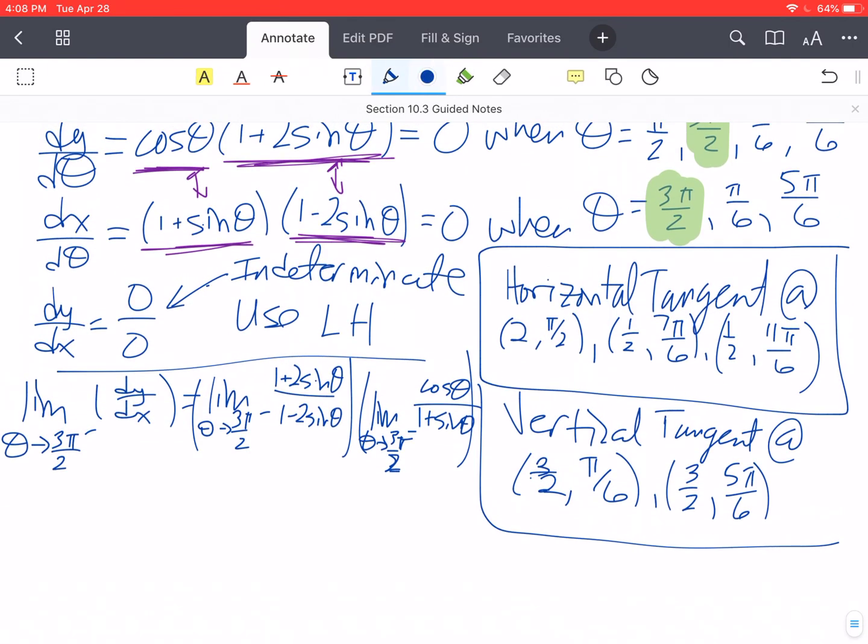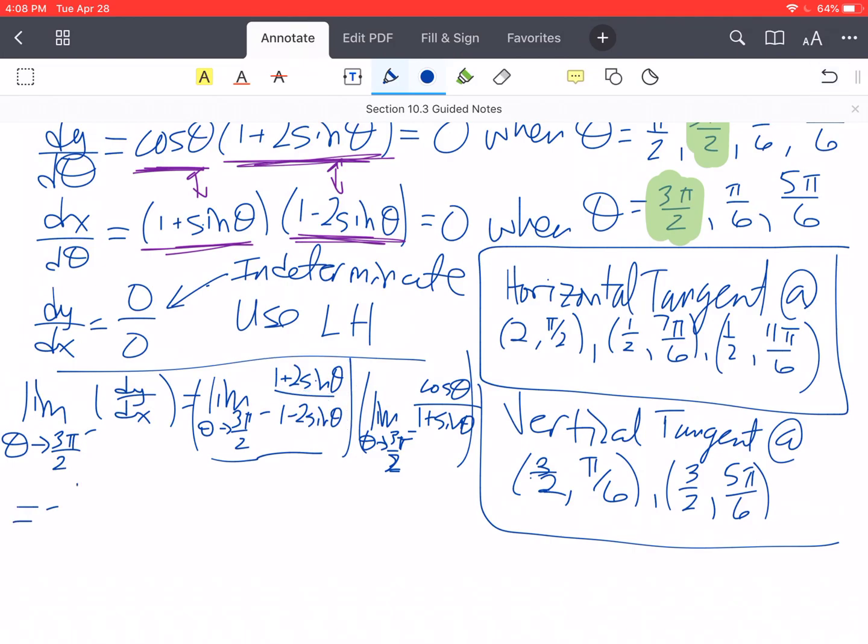So this one is not indeterminate. That's not the part that gives us the problem. So if you plug in 3 pi over 2, sine of 3 pi over 2 is -1. So that gives you 1 minus 2 over 1 plus 2. So that becomes -1 over 3.